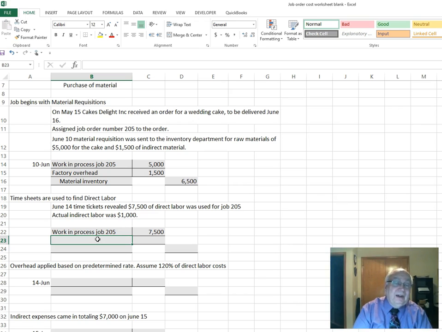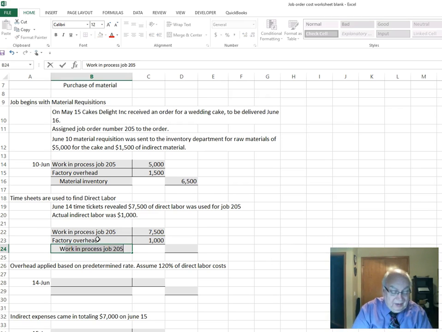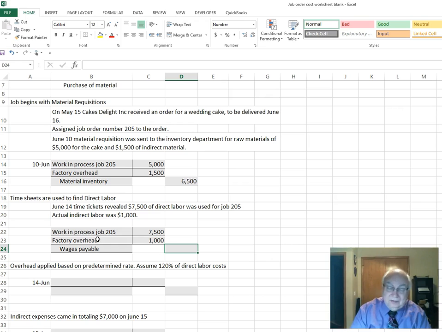Indirect labor or indirect materials will go into factory overhead, and that was for the $1,000. And then we have wages payable for $8,500.